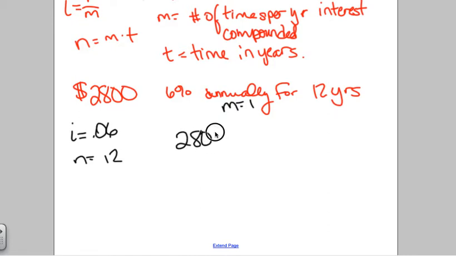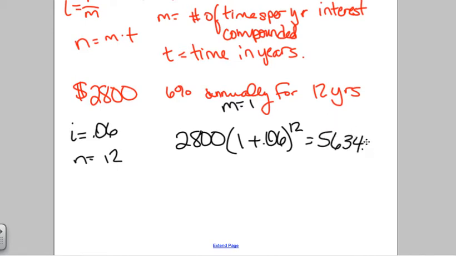So 2,800 times 1 plus 0.06 to the 12th. So 2,800 times 1.06 raised to the 12th power is 5634.15. Okay, so that is my future value, so my A, for compound interest.